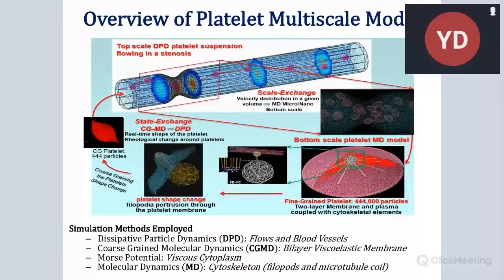I'm going to explain coarse-graining MD a little bit later. You basically aggregate a few hundred to 1,000 particles or atoms together to form an effective particle, and then you use CGMD to simulate those.